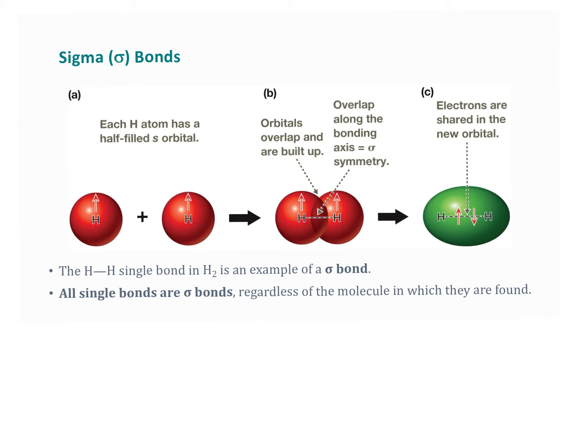They're half-filled s orbitals, which means each one has 1 electron in it. Hydrogen's only going to have 1 electron, right? And what we see here is that the 2 hydrogen atoms, when they form H2, are held together by a covalent bond. So the Lewis structure is simply H–H, just like this, right?